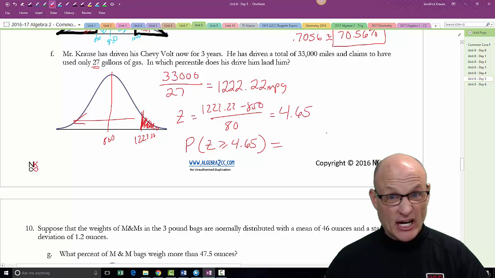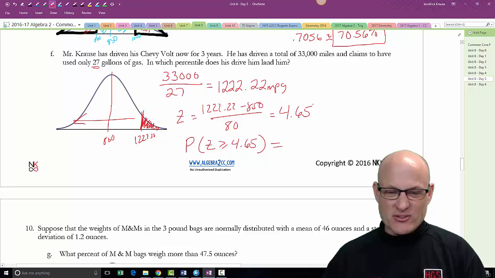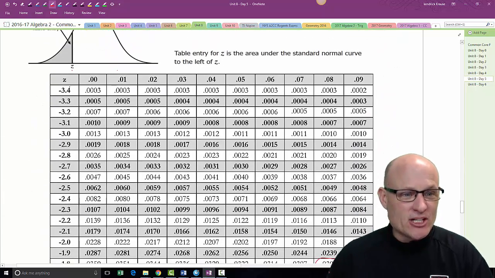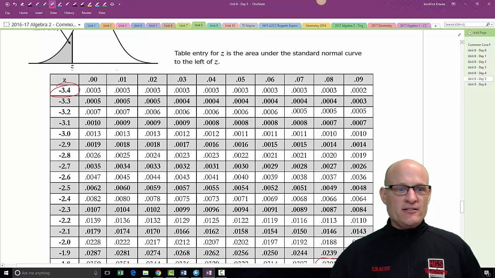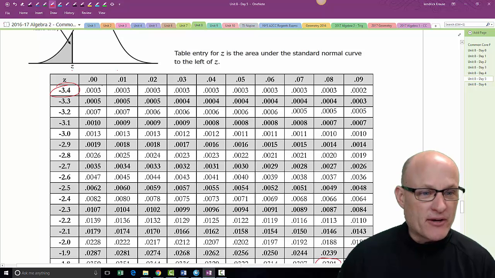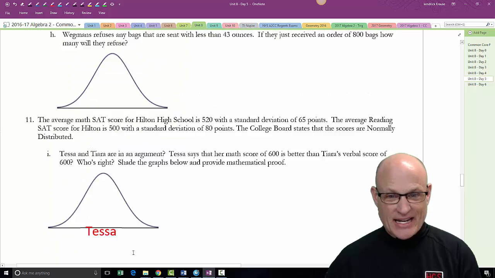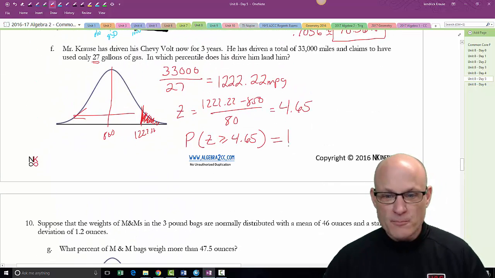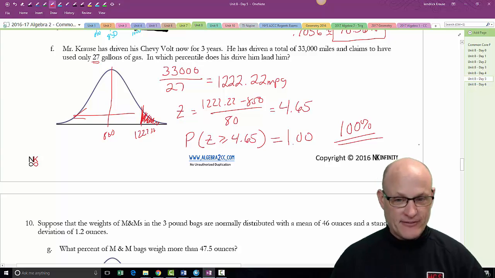That's freaky good, right? Because 3 is barely on the chart anymore. In fact, I can't even look up a z-score of 4.65. Anything bigger than 4.6 is 0.000, and this is 1.00. I have beat 100% of the people driving a Chevy Volt with my crazy good driving.